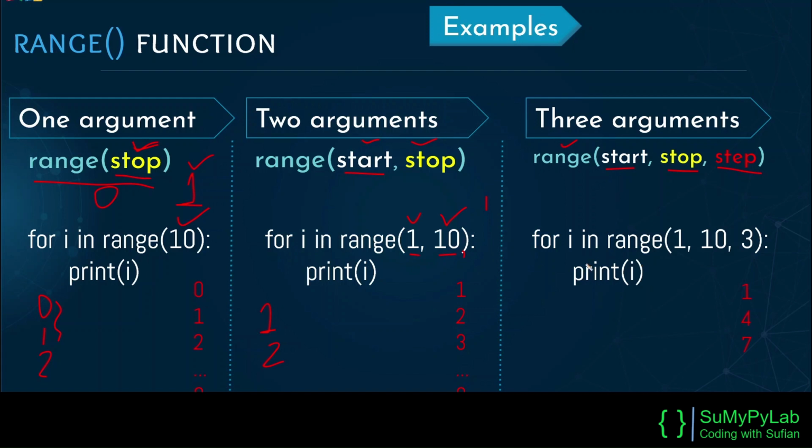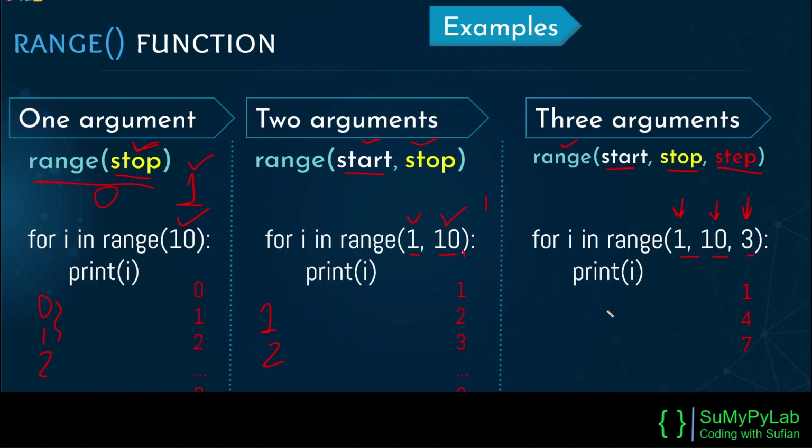And here in the last example, for i in range(1, 10, 3), the range starts with the number 1 and the last number is less than 10 because 10 is exclusive, and each number will differ by 3.